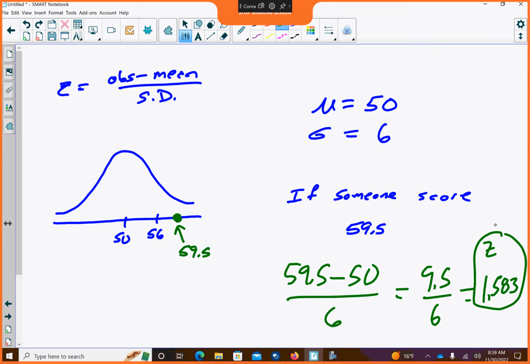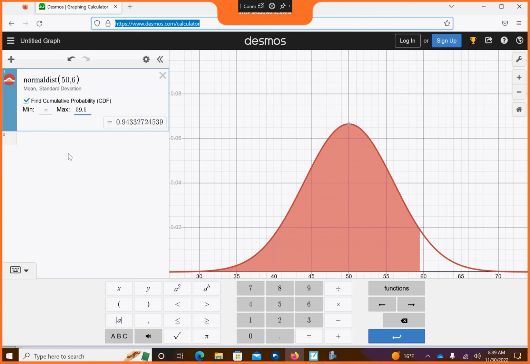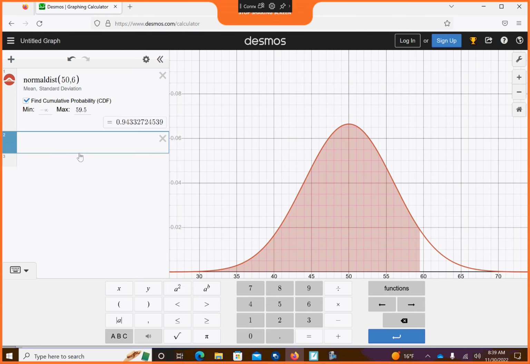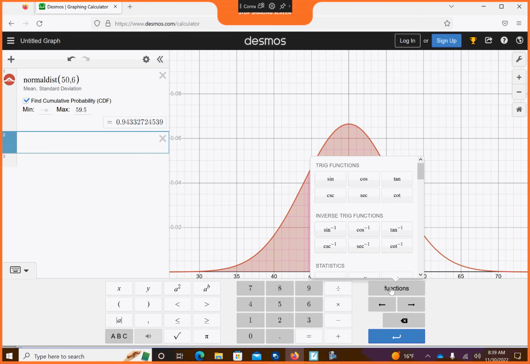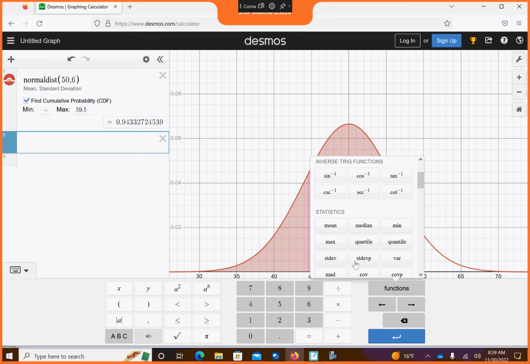Okay. So 1.583. I'm going to go back to Desmos, and I'm going to create another normal distribution down here. I think I can do 2 of them. We'll see.